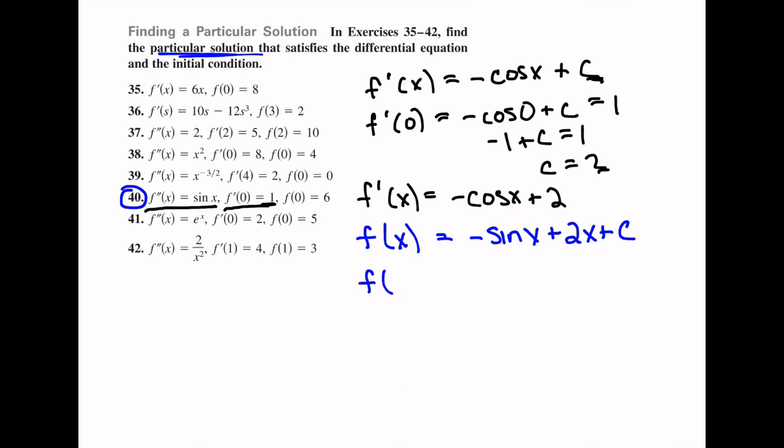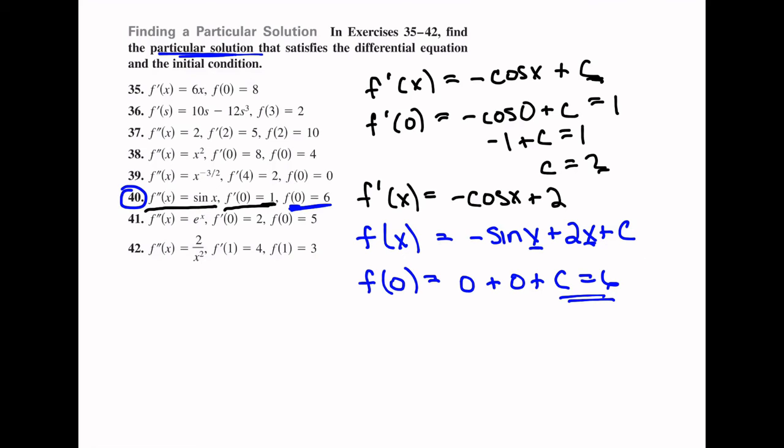So let's use the other initial condition. Instead of writing it, I'm plugging in 0 for x. Okay, so negative sine 0 is 0. 2 times 0 is 0. Plus c equals 6. So you can see that c equals 6.